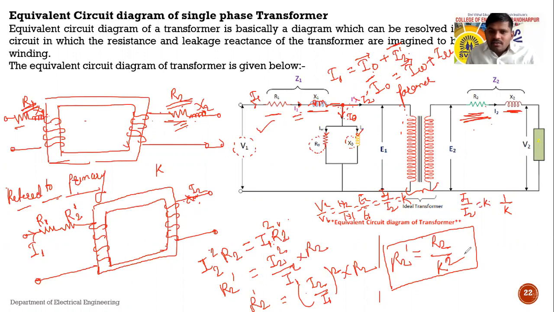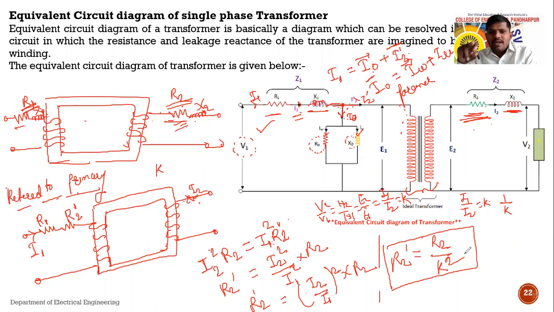While we are considering referred to primary, the secondary value can be transferred into the primary side. While transferring the secondary value like resistance, reactance and impedance, this value is represented by dash. How it is calculated is according to this proof.